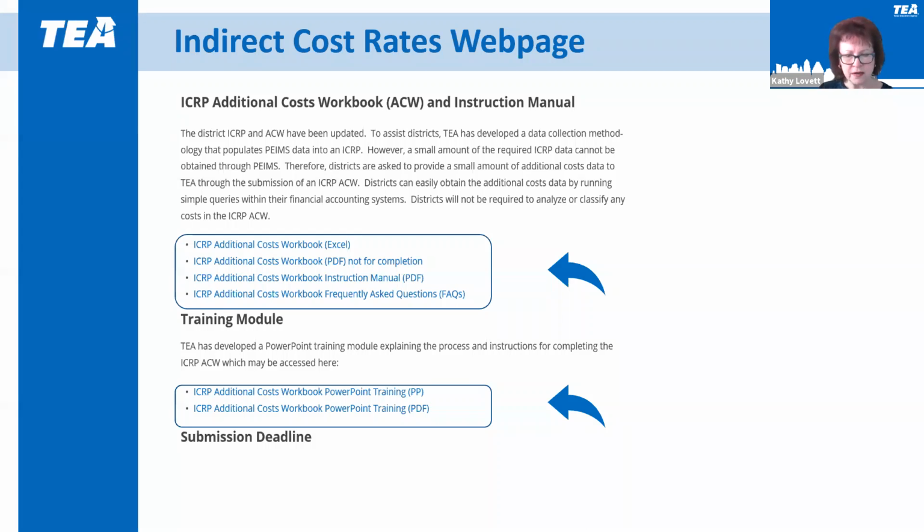So there's a lot of good resources here. There's also a link to the TEA correspondence that we sent out on November 5th, 2020. That's the letter that summarized the indirect cost rate process. So this is a good resource for you to know about and check out because everything we're talking about here today can be found on this webpage.